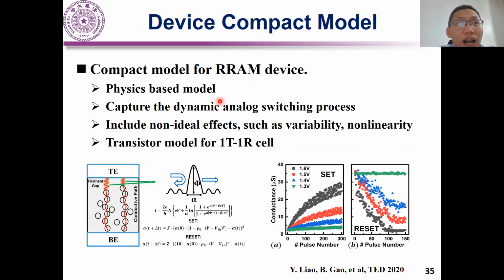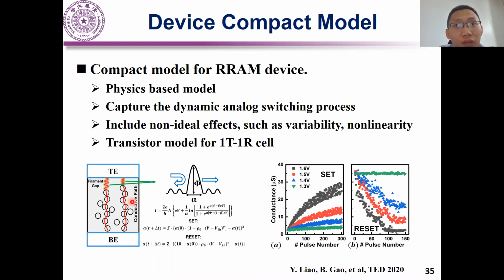This is our compact model. It starts from our KMC simulation results. We make some necessary simplifications and thus get the analytical equations. The physics picture is still from a multiple weak filament view. Each filament can be either metallic dominated or tunneling dominated.